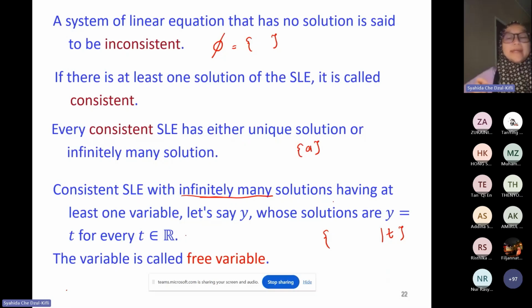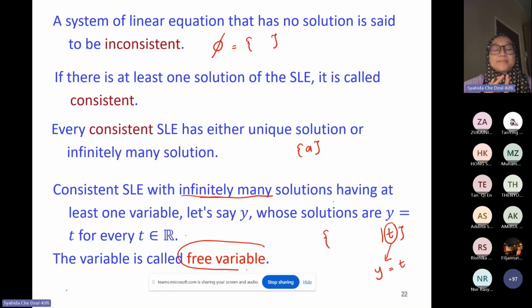Now, free variable. Remember I said that t represents one of the variables, let's say the variable y. It can be another variable, but let's say variable y. Whenever y is equal to t, because t represents the variable y, then we call y a free variable.